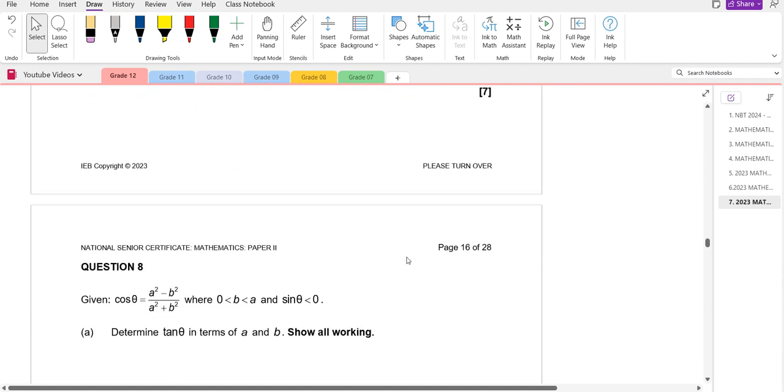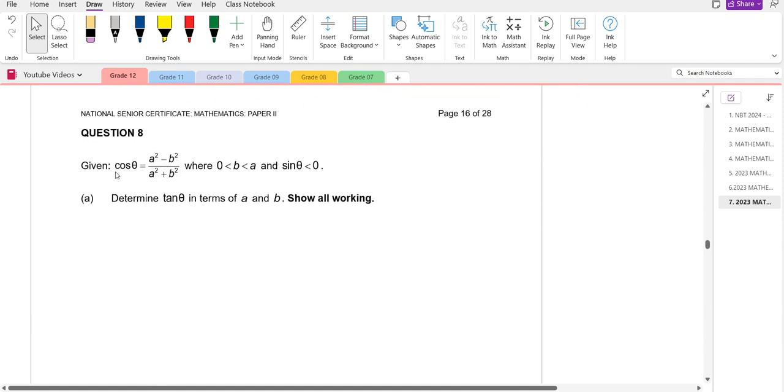Question 8. Cos theta is equal to a squared minus b squared over a squared plus b squared. So we have cos theta as a ratio where the value of b is between 0. We got sine theta as less than 0 as well. I think this is a CAST diagram problem. Let's see, where's sine negative?